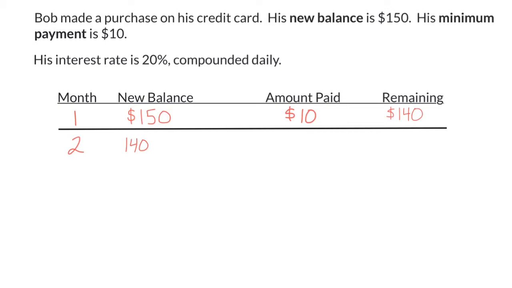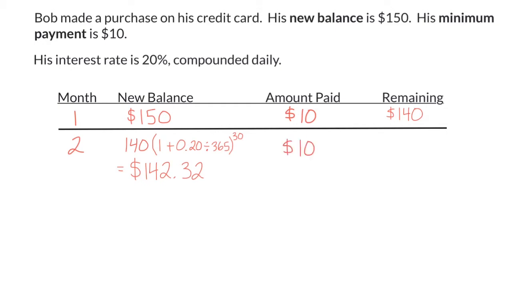But we have to use our compound interest formula. So his new balance isn't just $140. It also has 20% interest compounded daily for 30 days. So when I do that calculation, in the second month, he actually owes $142.32.